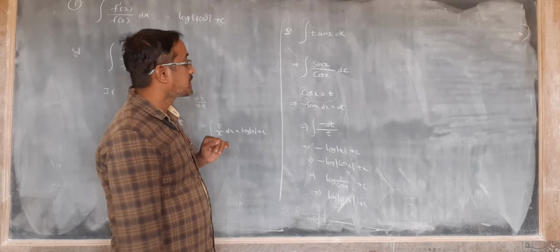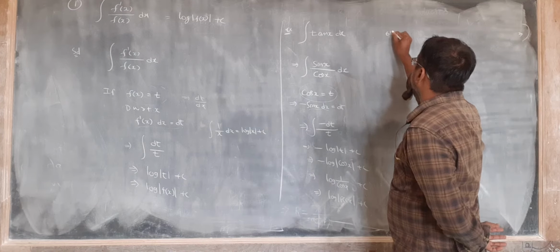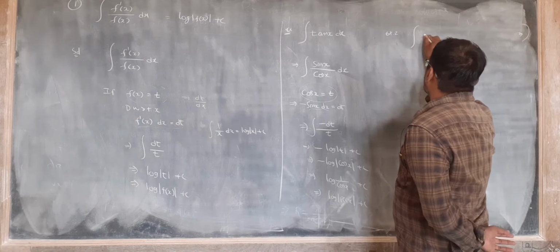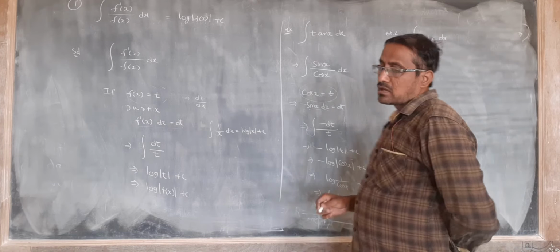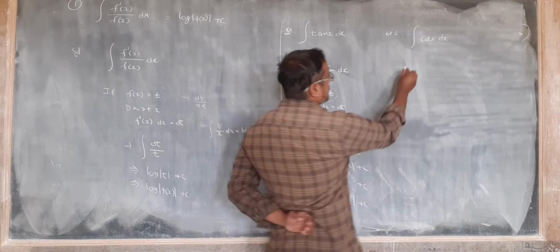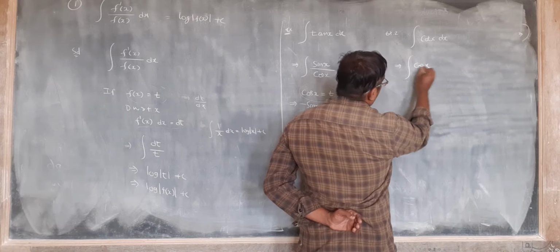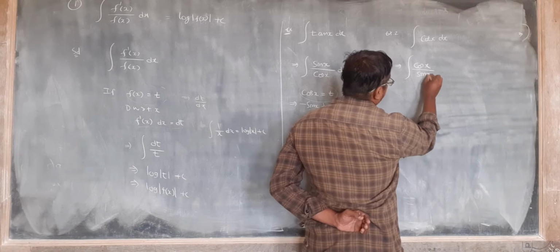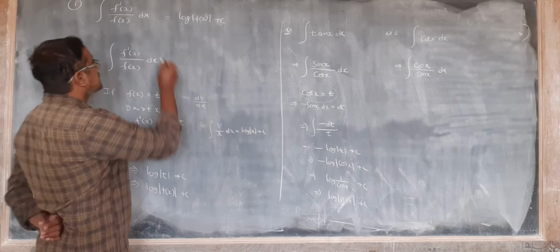Okay, and another one, integral cot x dx. Integral cot x can be written as integral cos x by sin x dx. Now let us see how we use this formula.